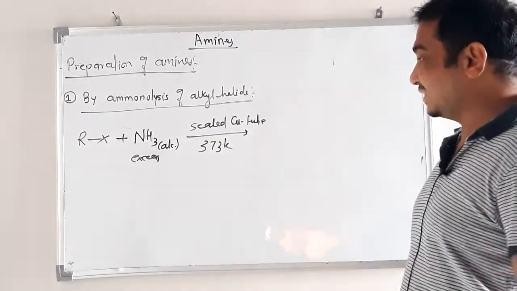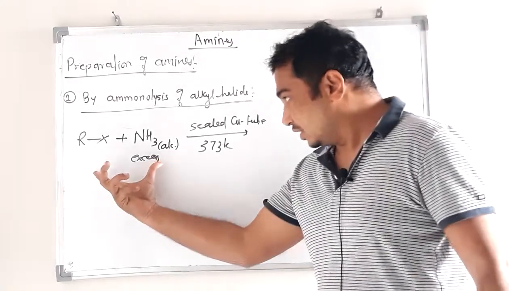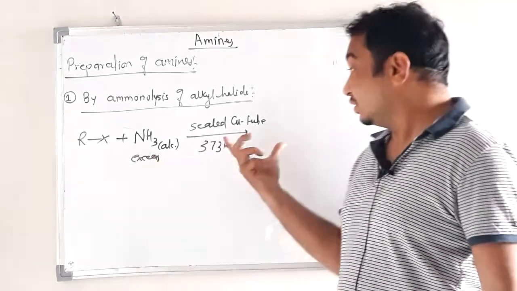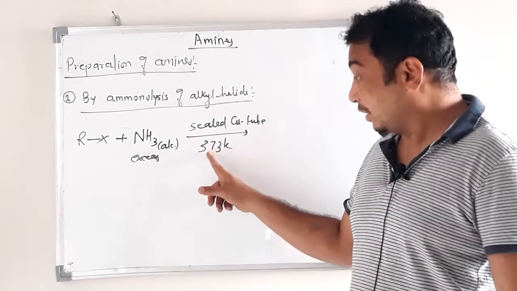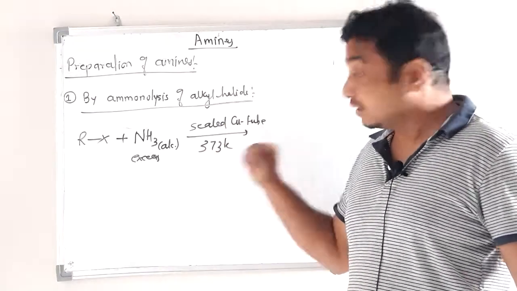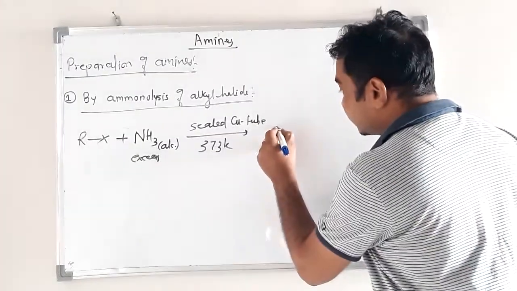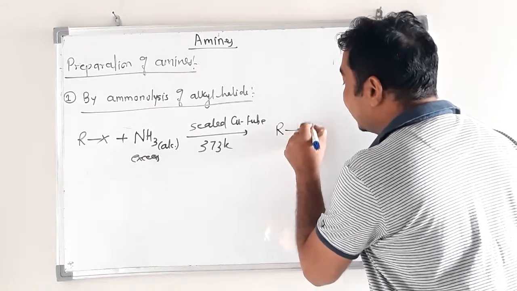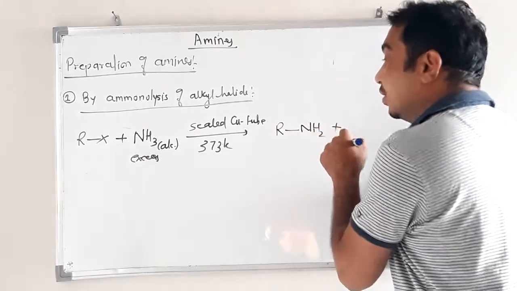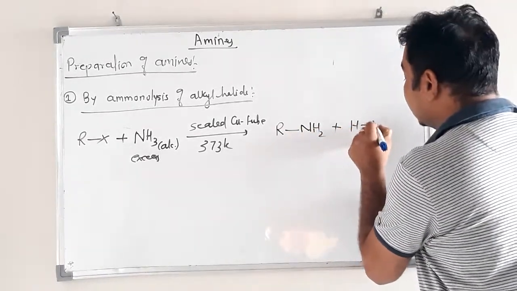This is the reaction condition. This reaction mixture is heated in a sealed copper tube at temperature 373. Then what happens? RNH2 is formed along with HX.